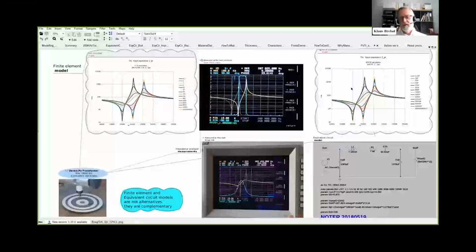And you can see again, there is a nice correlation between the two plots. So all in all, we here have 2 models that both fit nicely with reality. And what I want to say here is that finite element and equivalent circuit models are not alternatives. They are complementary, and hopefully you will understand that from the following.